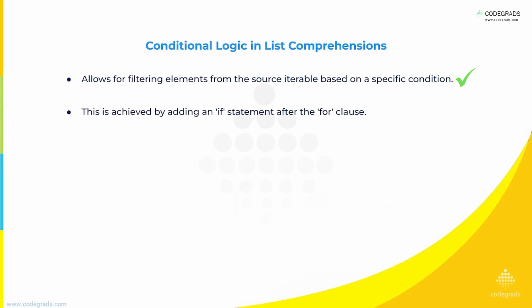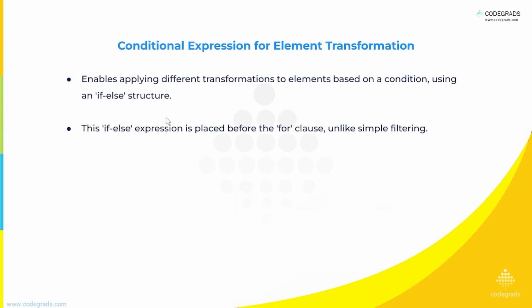We can also use the if-else block, and generally the if statement comes after the for clause. Always remember, if you are using only if, then it comes after the for clause, but when we are using if-else, it is placed before the for clause, unlike a simple if statement.